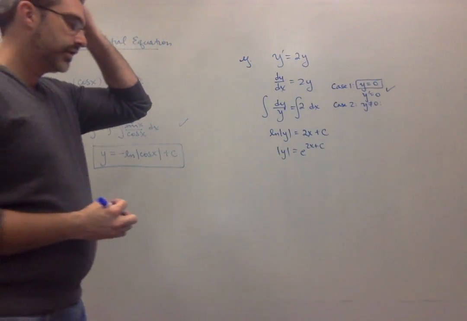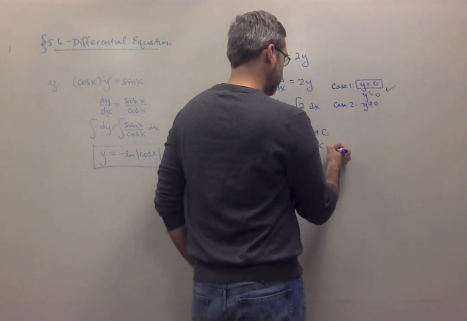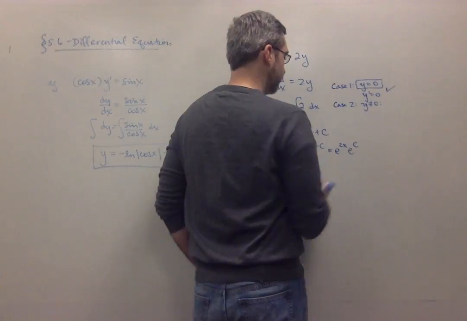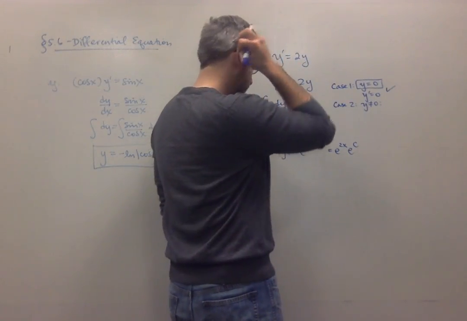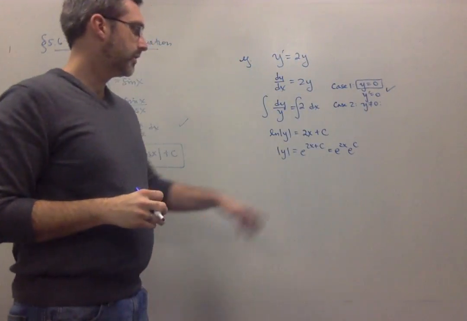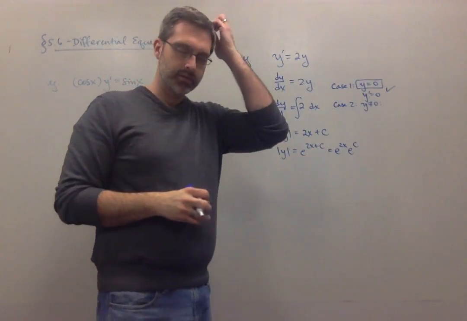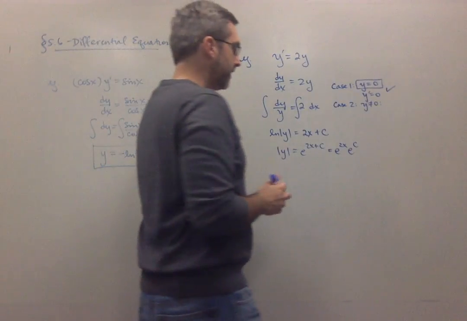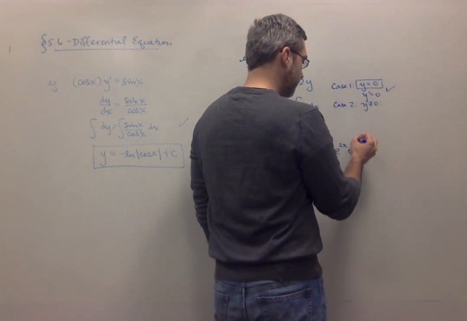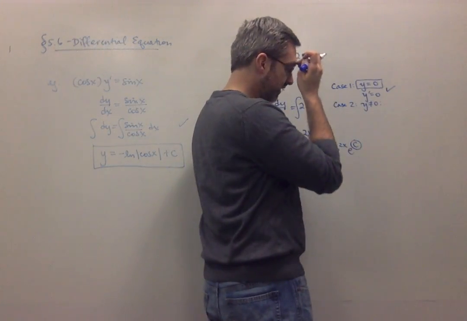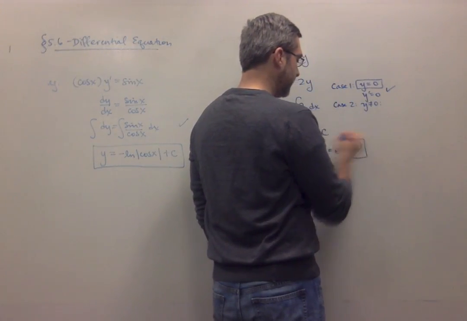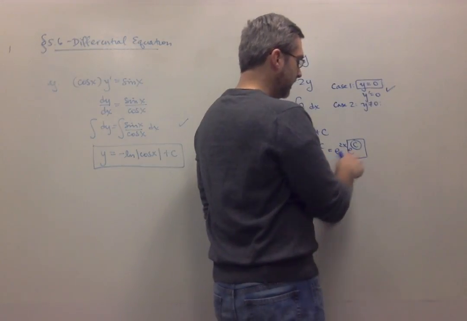Now I'm going to write that as e to the 2x times e to the c. Because remember, that's an exponent law that we have. Now e to the c is an arbitrary constant, but e to any number is always positive.